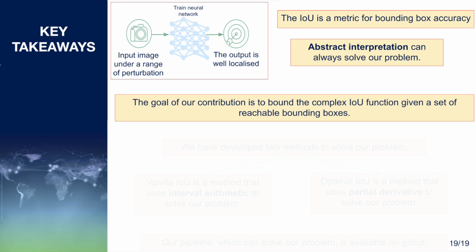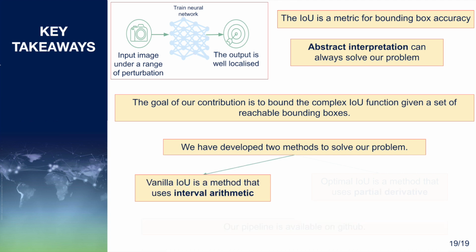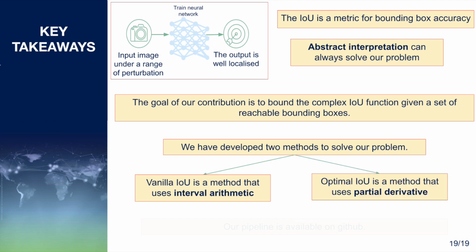The goal of our contribution is to bound the complex IoU function given a set of reachable bounding boxes. We have developed two methods to solve our problem: vanilla, that uses interval arithmetic, and optimal, that uses partial derivatives. And our pipeline is available on GitHub.